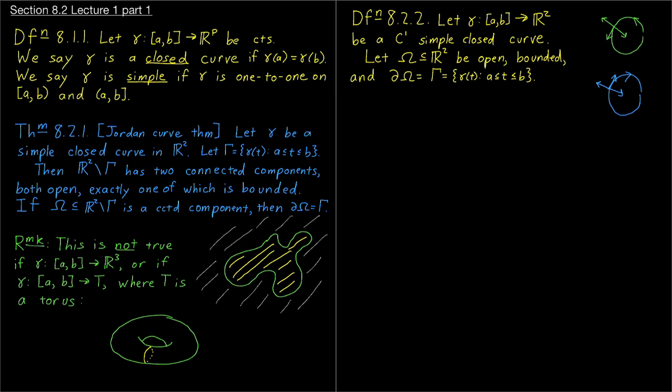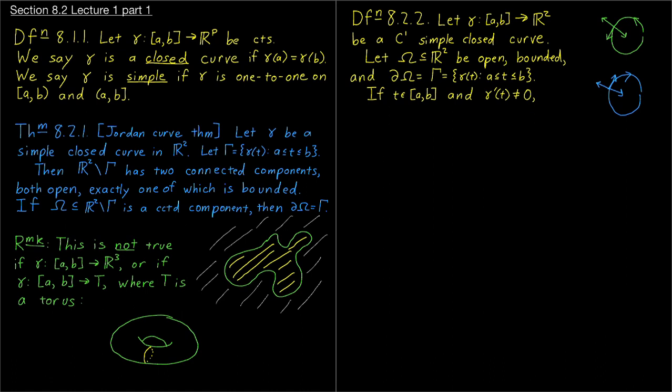So that means its derivative can't be zero everywhere. If the derivative was zero everywhere, by the mean value theorem, it would be constant, and then it's certainly not 1-to-1. So if t is in [a, b] and gamma prime of t is not equal to 0, recall the tangent vector at the point gamma of t is gamma prime of t divided by the norm of gamma prime of t.